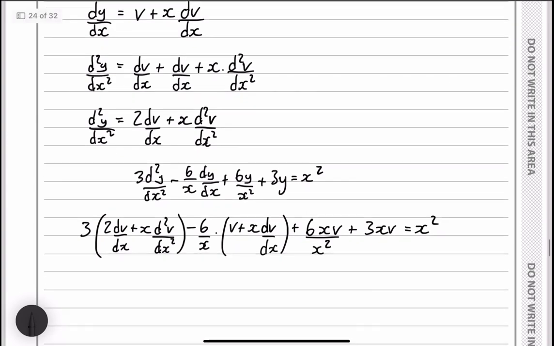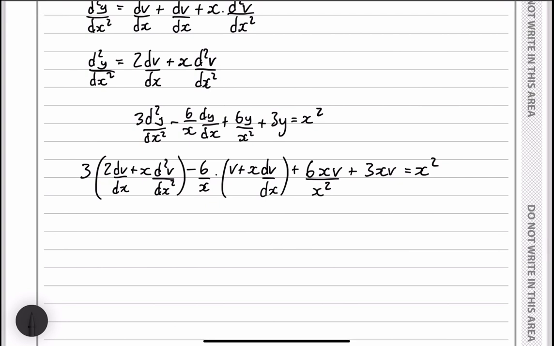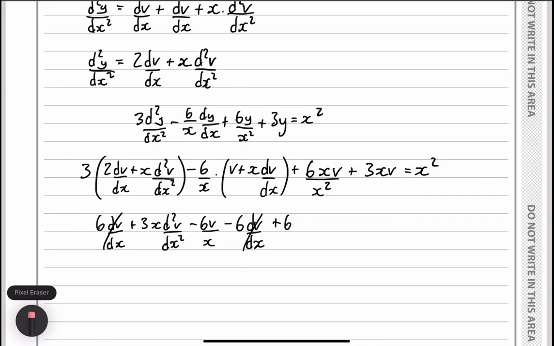Now we need a lot of this to simplify down, so let's start expanding these brackets. We've got 6 dv by dx plus 3x second derivative, minus 6v over x, minus 6, the x's cancel there, dv by dx, that's good, that will now cancel with that, plus 6x, oh no, that x is going to cancel as well, so that's v over x, that's good, that will now cancel with that, plus 3xv equals x squared.